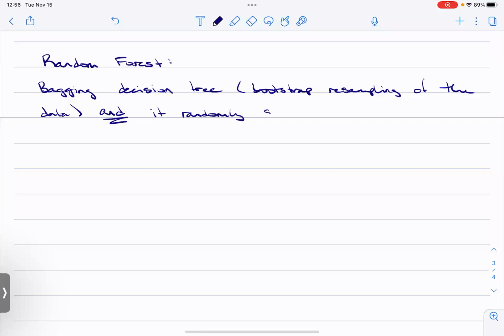That's kind of cool. Randomly samples the predictors to consider for each model.